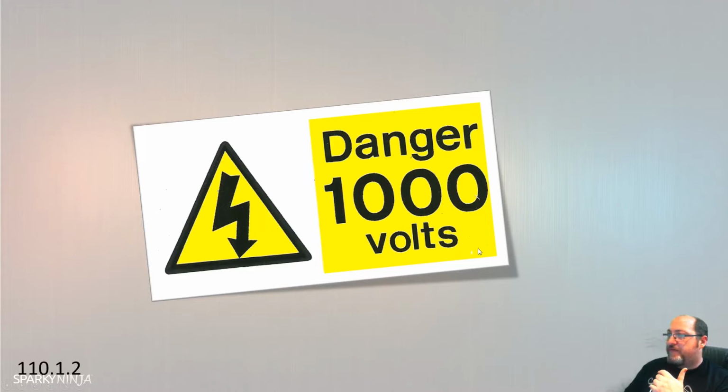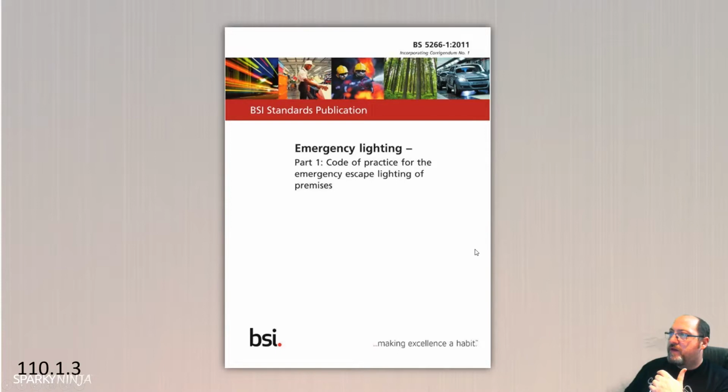Now we also have 110.1.3. Now, what 110.1.3 is about is where generally BS 7671 is applicable, such as selection and erection, wiring systems, methods of erection, commissioning, things like that, protection even.